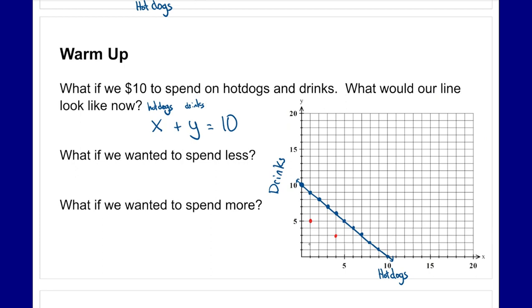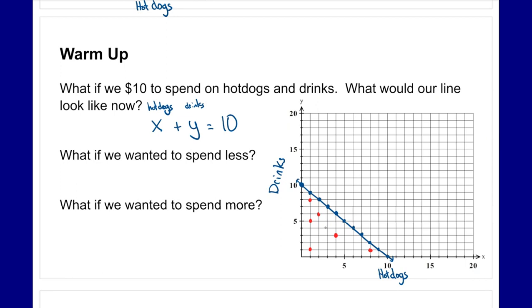This would be 5 drinks and 1 hot dog. Here we would have 4 hot dogs and 3 drinks. I could have 1 of each. I could have 9 hot dogs and 1 drink. I could have 9 drinks and 1 hot dog.